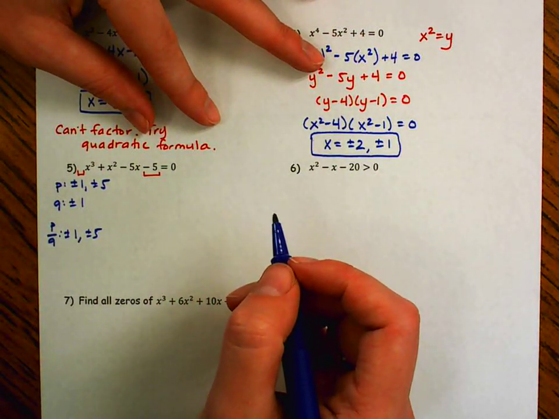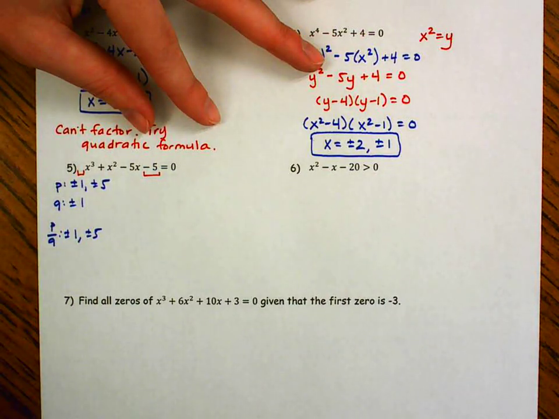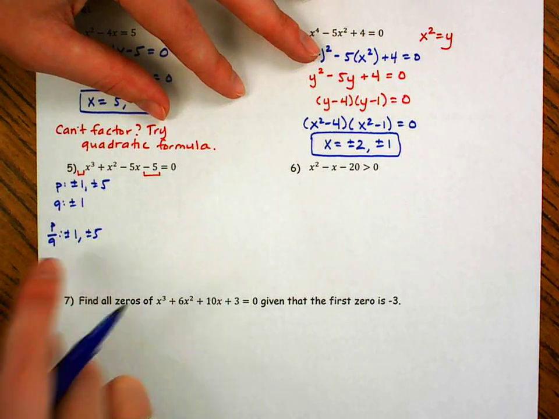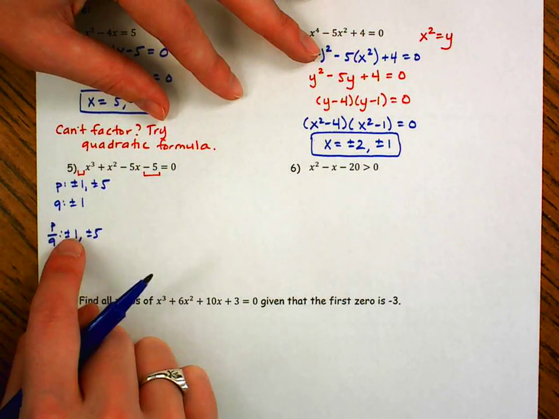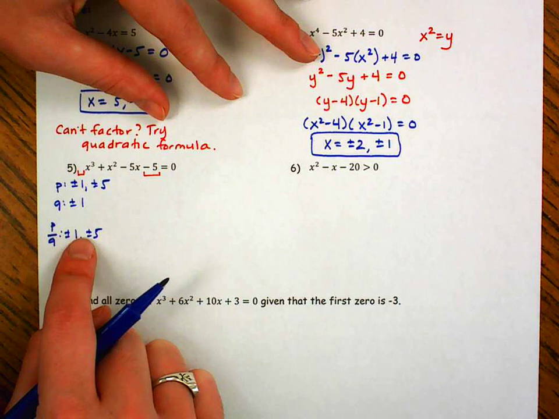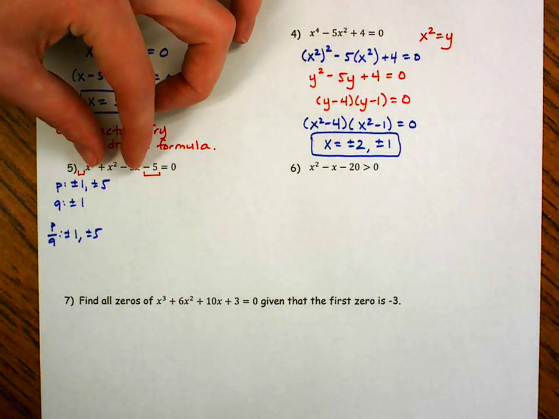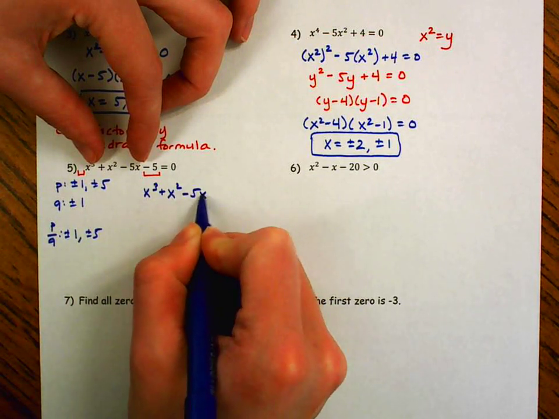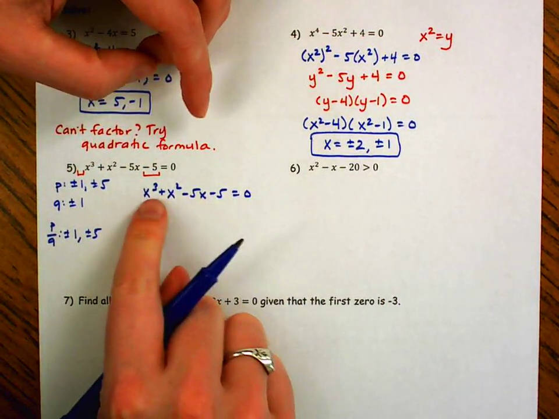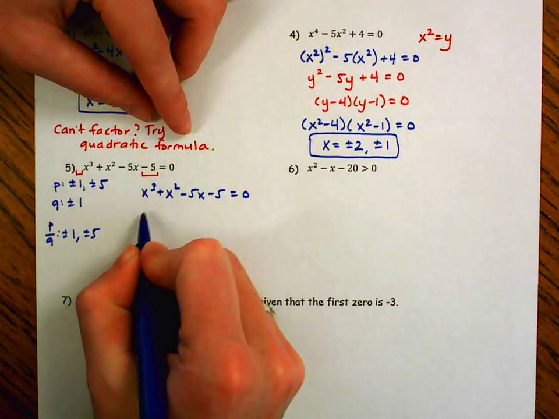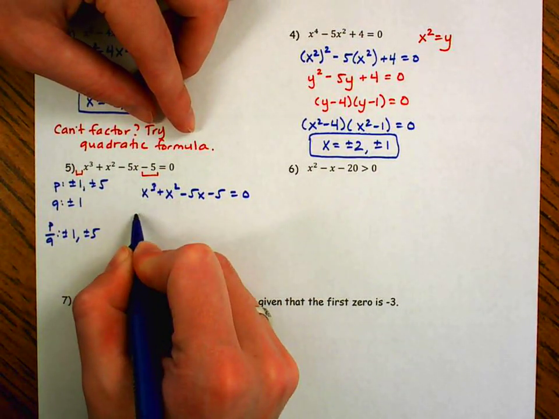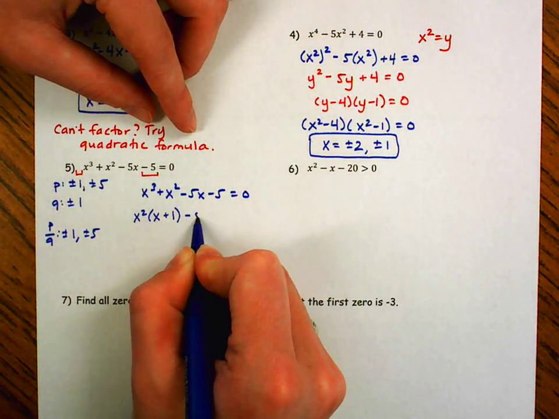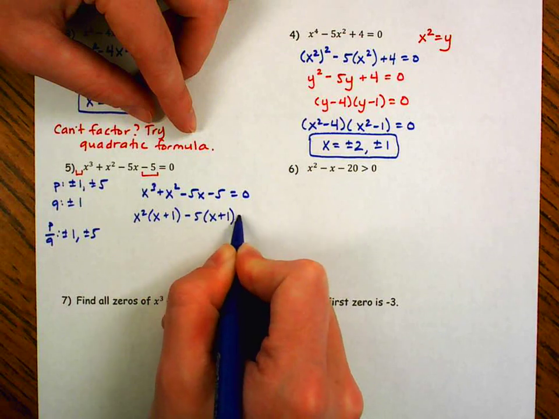Okay, we can do this a couple ways. We can actually factor this one by grouping. So one option is at this point you can just start guessing and checking, and at least one of these four is going to be a real zero for you. But when I actually look at this, I notice that there's this pattern of 1, 1, 5, 5. So I can actually factor out, so if these first two terms, I can take out an x squared. And these second two terms, I can take out a minus 5.